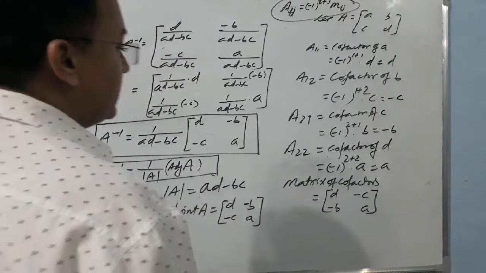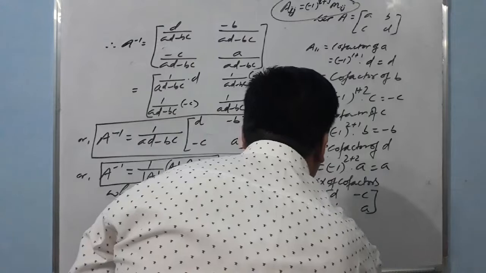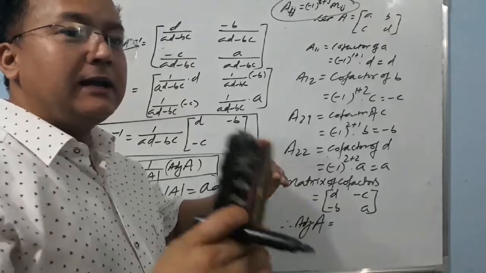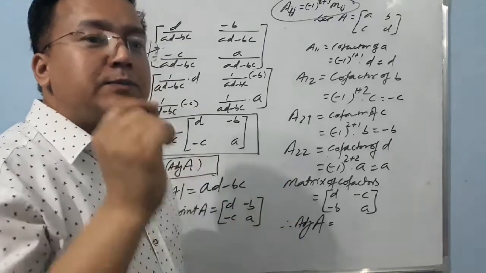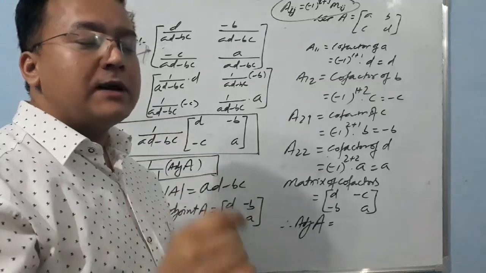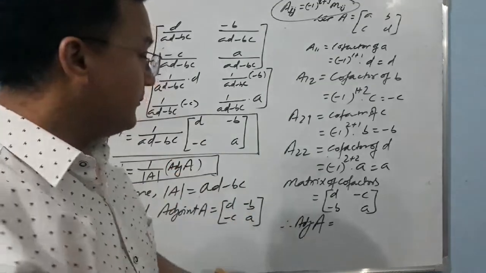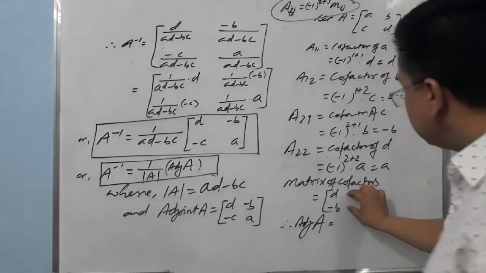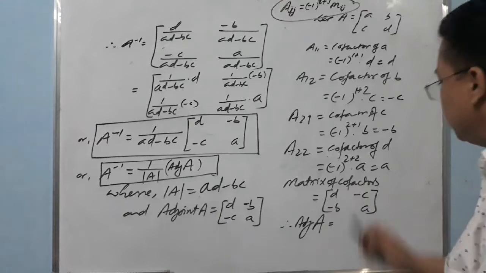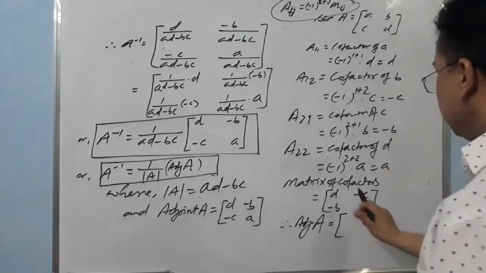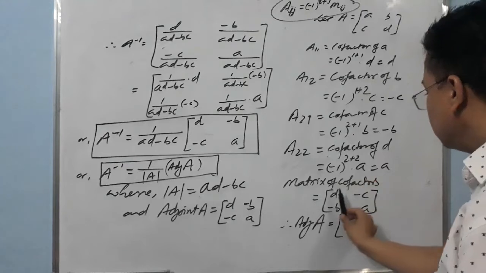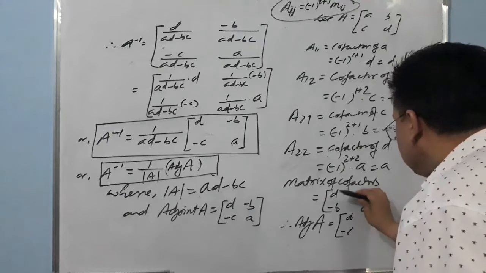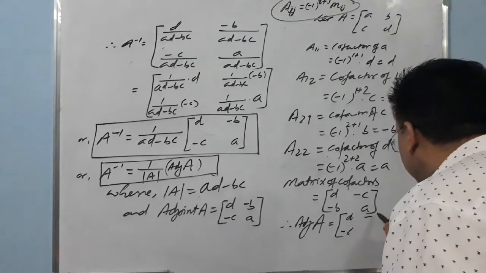So let me repeat again. What is the adjoint? According to the definition, the adjoint of A is the transpose of the matrix of cofactors of elements of matrix A. This is your matrix of cofactors of elements of A. Its transpose means interchanging rows and columns: row becomes column, and this row also becomes column.